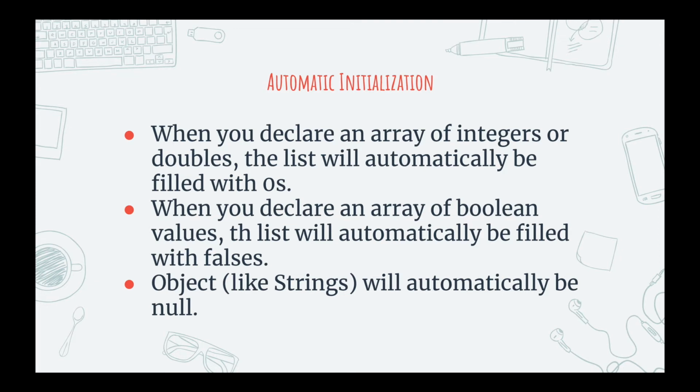Now we have this thing called automatic initialization, meaning that when you declare an array of values, they're going to have an automatic value already stored there. Think of every element as you declaring a variable. And the variable identifier is not going to be one that you create.